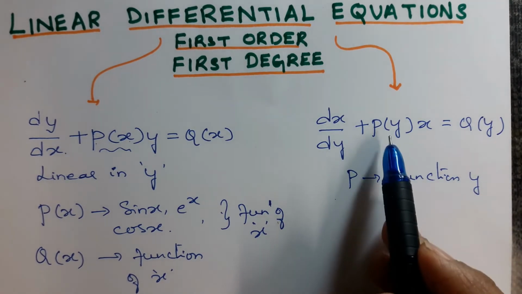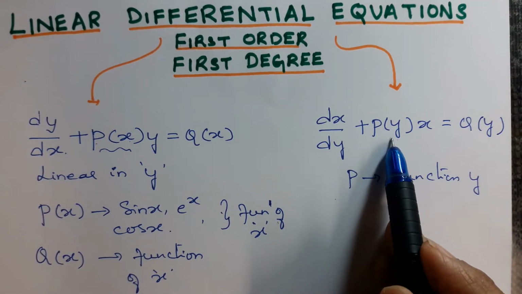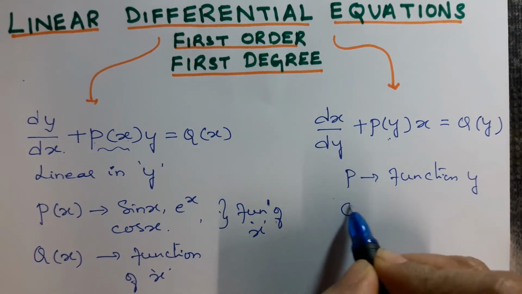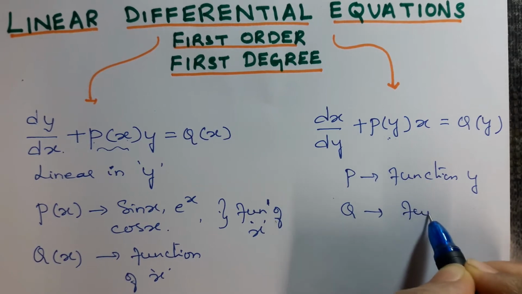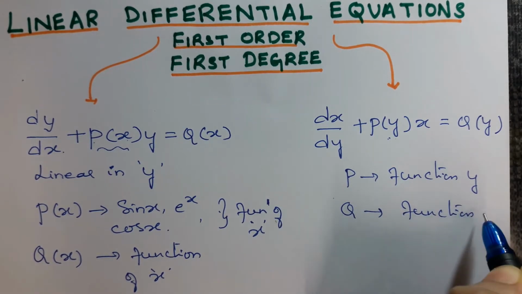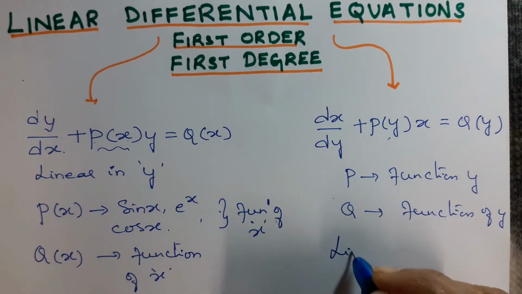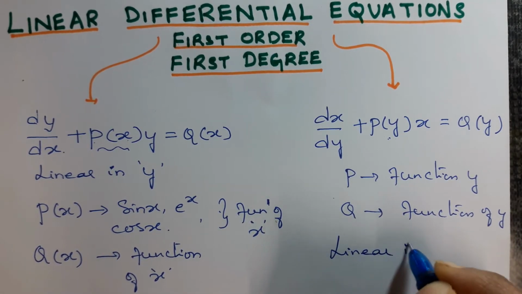That means you can have sin y, cos y, e power y, 1 plus y square, root of 1 plus y square, any mathematical term which is a function of y. And q is also a function of y. Such an equation is said to be linear in x.